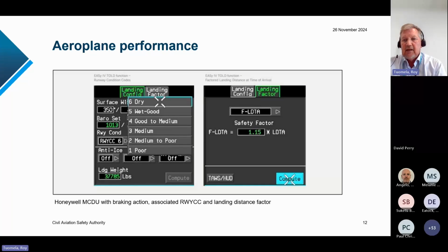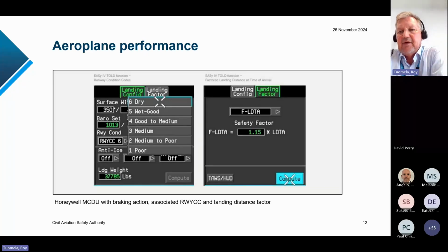And how would flight crews report subsequent braking actions at a non-controlled aerodrome? That's a good question, Julio. Under the operations rule, there is a requirement for aircraft operators to report braking actions to the aerodrome operator or to ATC.